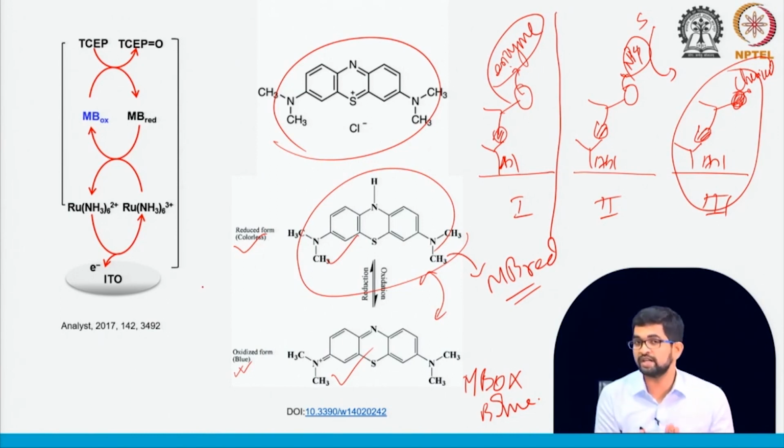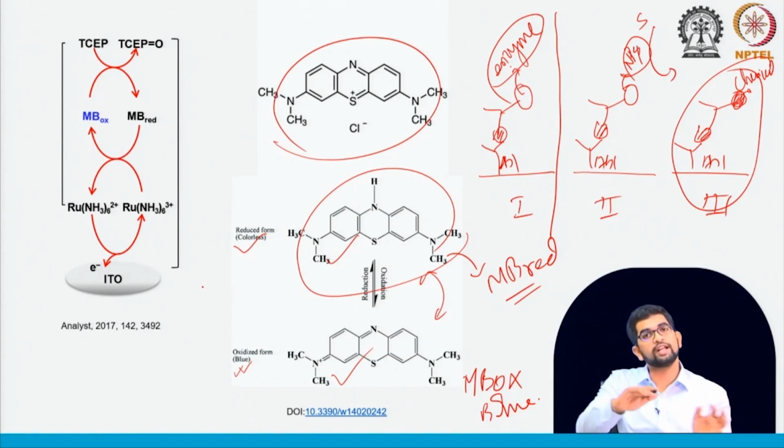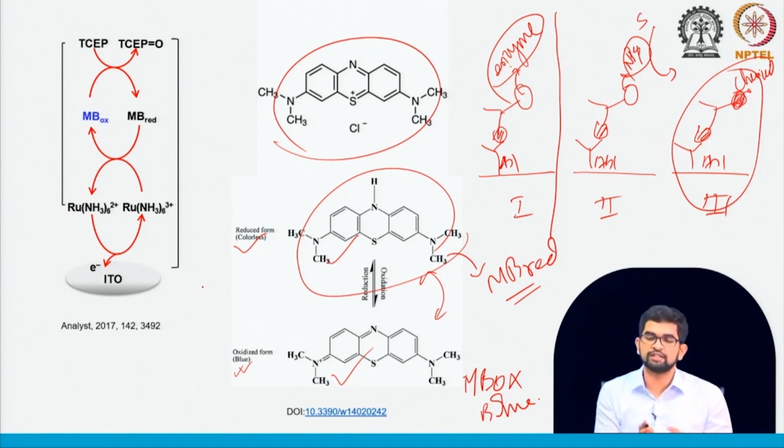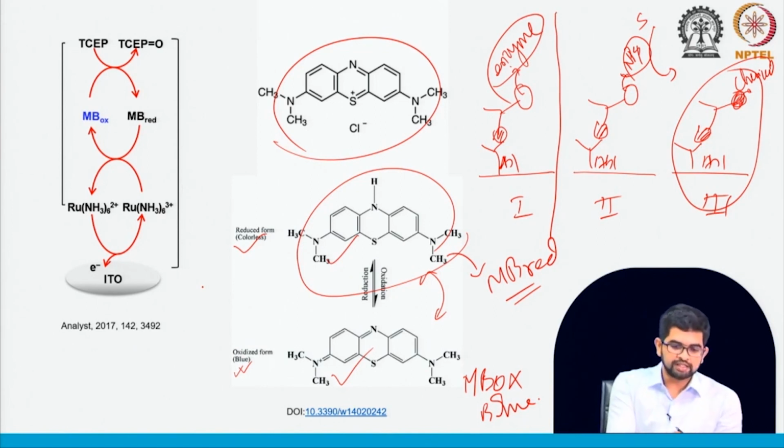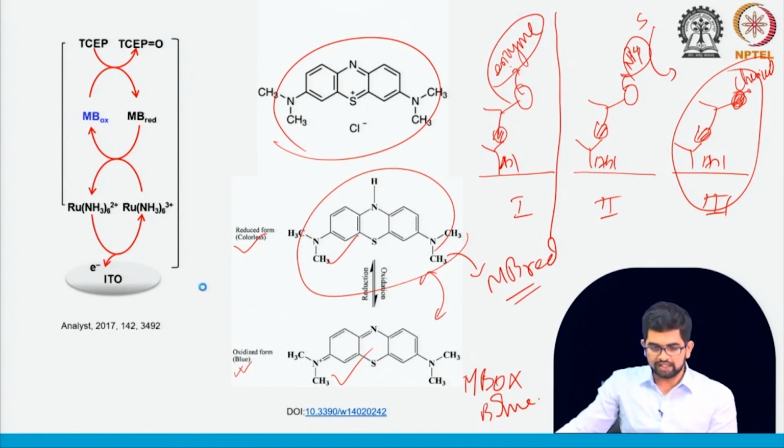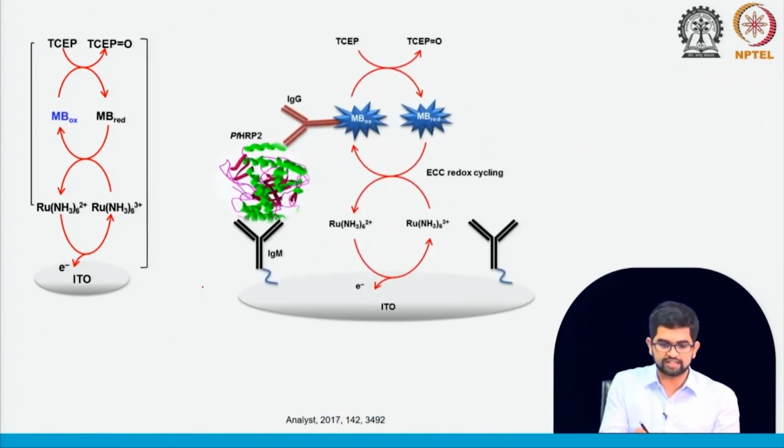Yes, I completely agree, but slowly we are trying to reduce the number of chemicals while still getting similar amplifications. Slowly I will teach you this. At first I showed you that we want chemicals. Now I want to show you how we can reduce the number of chemicals but still get similar amplifications. So let me show you the actual sensor first.